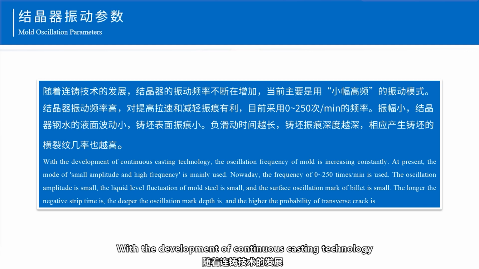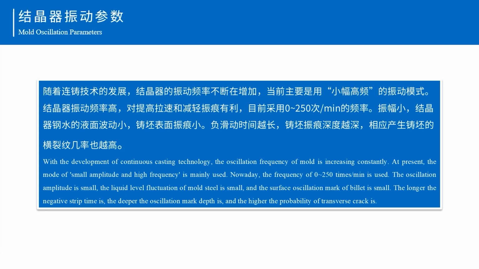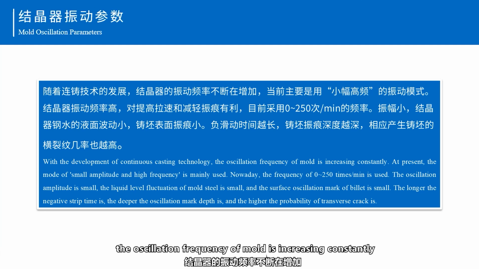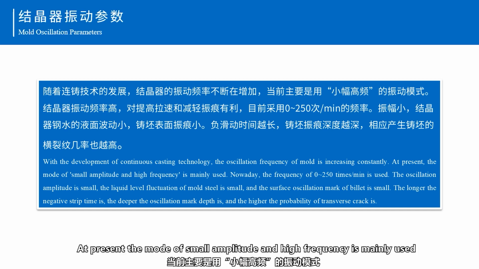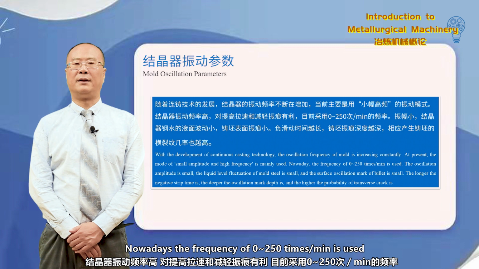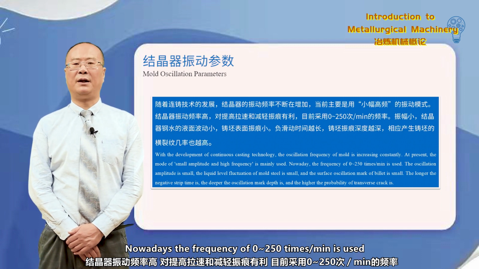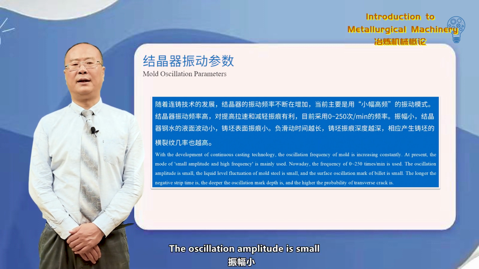With the development of continuous casting technology, the application frequency of the mold is increasing constantly. At present, the mold of small amplitude and high frequency is mainly used. Nowadays, a frequency of up to 250 times per minute is used. The isolation amplitude is small.